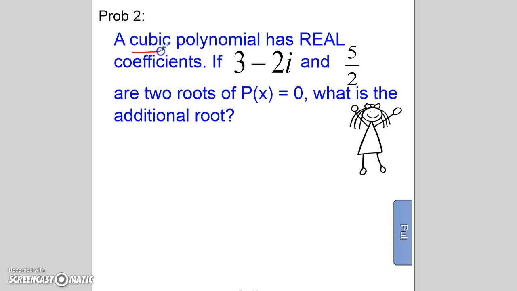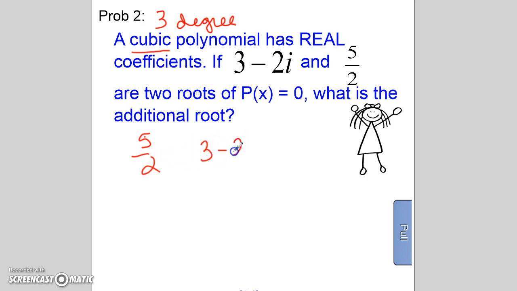The key piece of information for me here is that I've got a cubic. So my degree is 3, which means I'm going to have 3 total solutions. So the question is, what is my additional root? Well, if 5 halves is a root, it's not complex and it's not irrational, so it's just one of my answers.